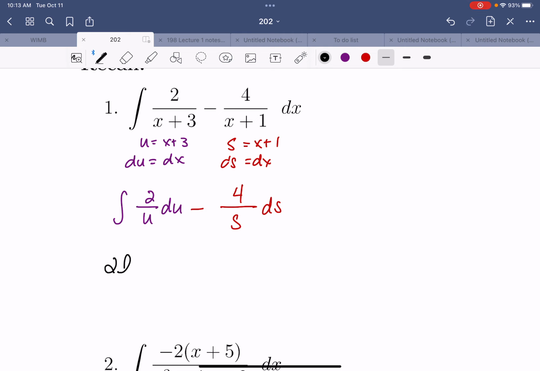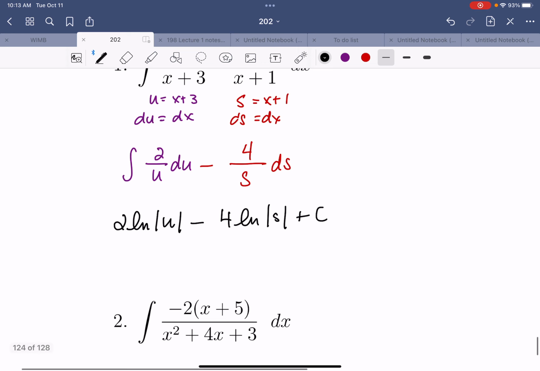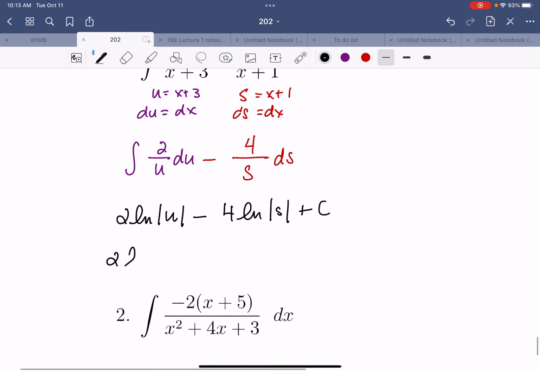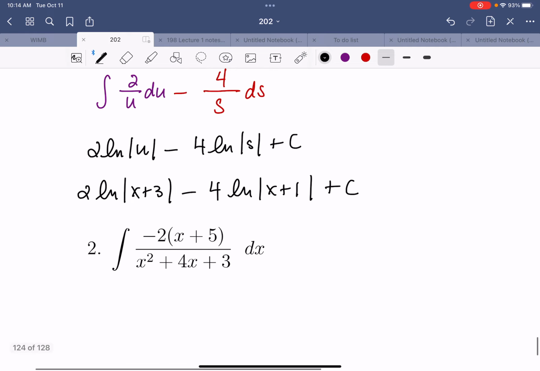The antiderivative here is 2 natural log absolute value of u minus 4 natural log absolute value of s plus a constant. And then we just plug our u and s back in. So 2 natural log of x plus 3 minus 4 natural log of x plus 1 plus a constant. And you can actually put these back together. So any of the coefficients come up here as exponents.